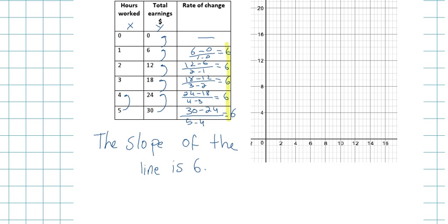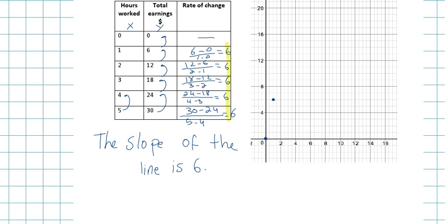Now let's plot this. Okay? So at 0 hours worked, I have 0. So my first point is right here. 1 hour, I have 6. So if she works for 1 hour, she gets paid $6. Right?